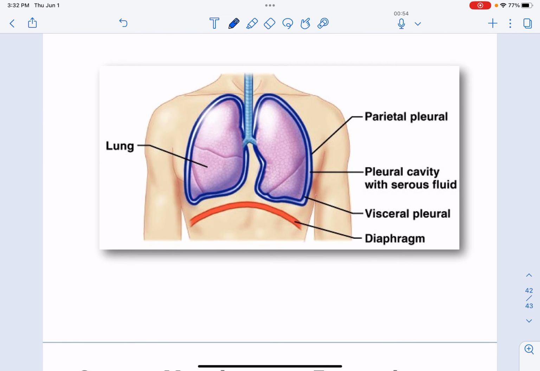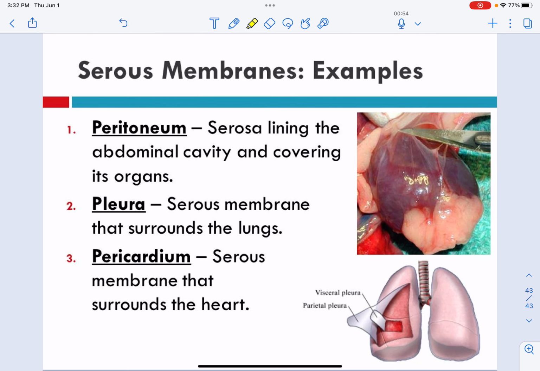This slide is again highlighting the importance so that you understand that each of those membranes has a name. Visceral being closest to the organ, parietal being further away. In between, there is serous fluid. These are the names, just to drive home this concept that we have serous membranes in 3 specific examples that I want you to know.